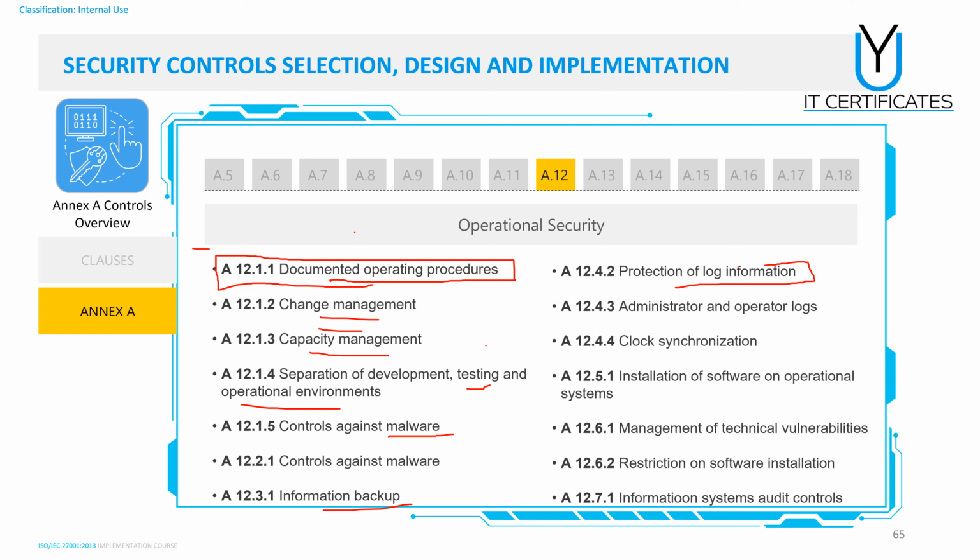It is very important to protect the log information, because as you know, when a hacker compromises the server, after he finishes all the steps for compromising it, he will search for the log file to delete the logs which were created based on his activities.